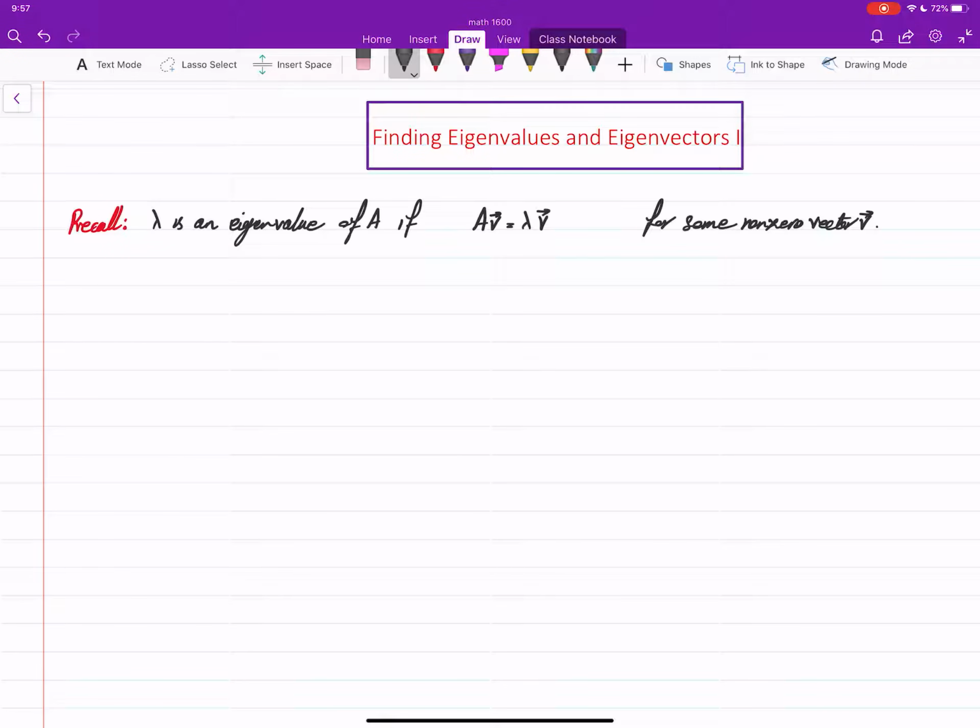And well, I can turn this into an equation in which v is an unknown.